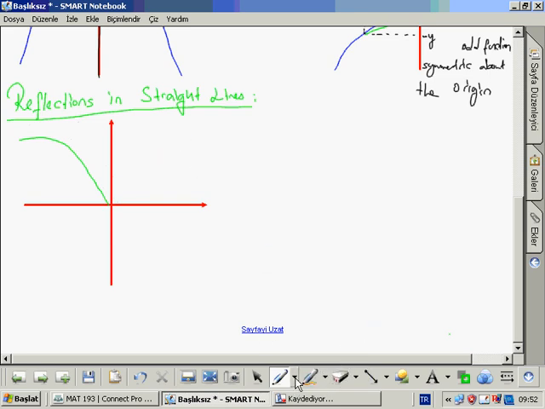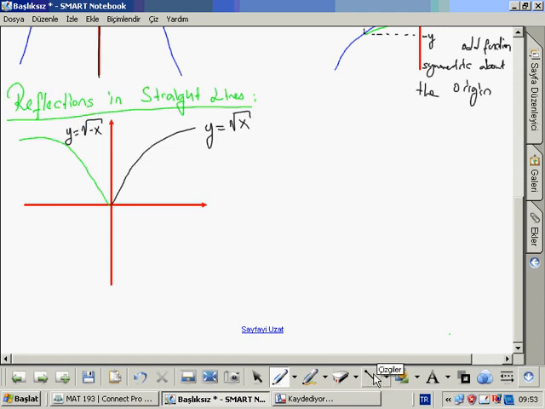For example, this is y equals square root of x, and this green curve is y equals square root of minus x, and this is the reflection about the y-axis for this function.